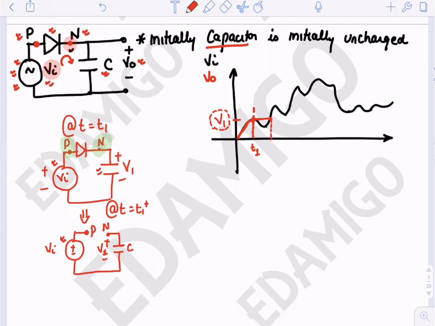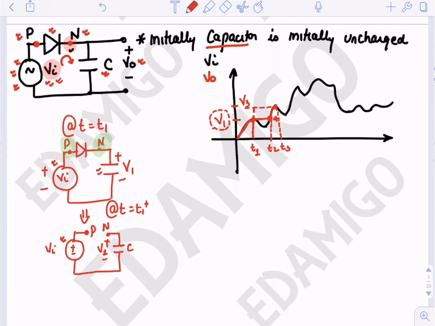Now at time instant T2, Vi tries to go above V1. At this time instant, Vi is getting above V1, so again the diode will turn itself on, the diode will get short circuited, the output voltage will follow the input voltage, and the capacitor will get charged. Let us say this is T3, and the output voltage is V3.